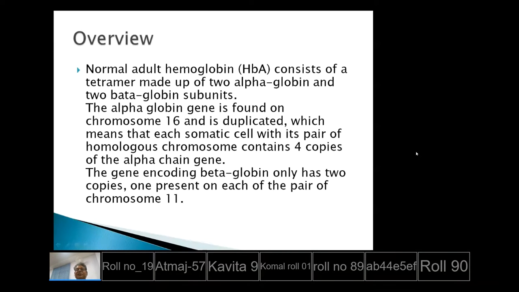The alpha globin gene is found on chromosome 16 and is duplicated, which means that each somatic cell with its pair of homologous chromosomes contains 4 copies of the alpha chain gene. The gene encoding beta globin only has 2 copies, one present on each of the pair of chromosome 11. So alpha location is chromosome 16 and beta location is chromosome 11.